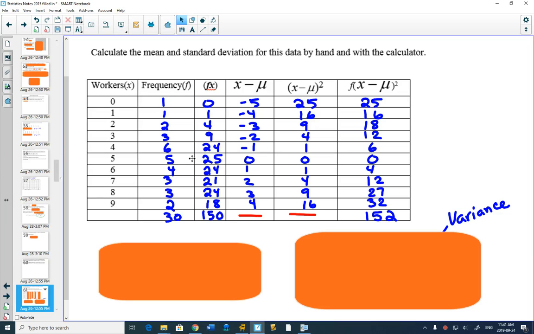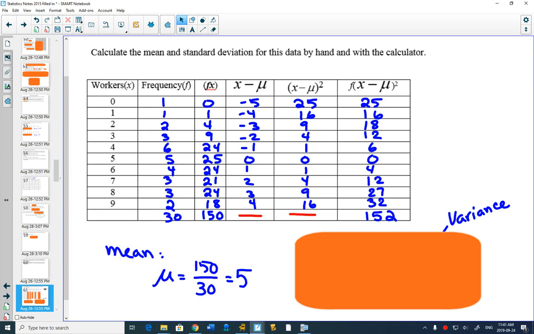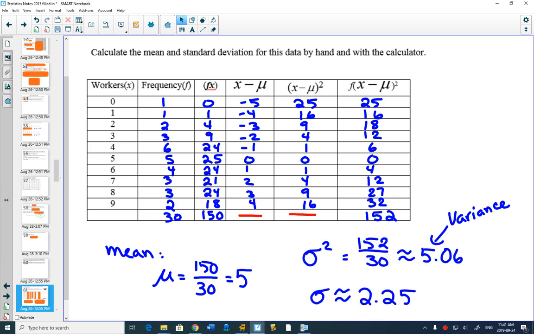And check those numbers to see how you did. And then were you able to put them into your formulas? Find your mean, variance, and standard deviation.